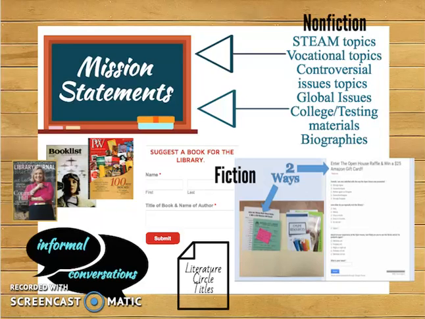For example, I was having a conversation with Mr. Kruger the other day, the AP economics teacher, and he wants students to read an economics book outside of the classroom and write a report on it every semester, which is a great idea. He already has a list of current books that would fulfill the requirements of his assignment, and we want to purchase those books so that when students are assigned it, they can come into the library and check them out.